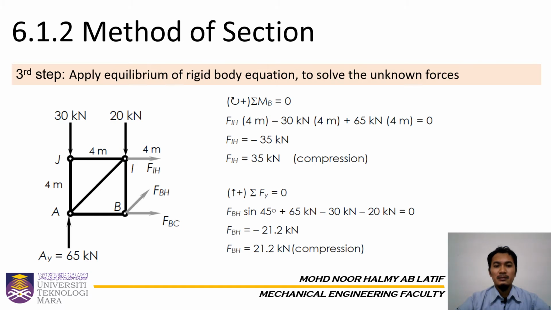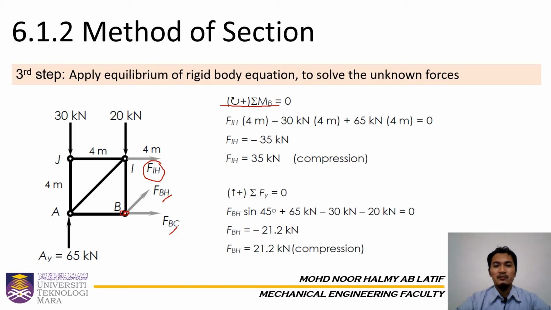The third step is to apply the equilibrium of rigid body equations to solve the unknown forces. Here, by using summation of moment at point B, we select point B because B has two unknowns that we can eliminate, so it leaves us with only one unknown, which is FHI.